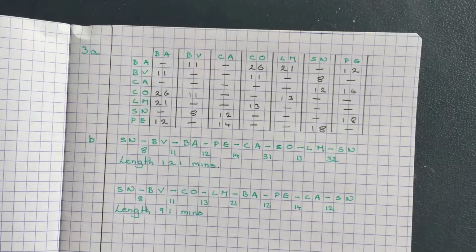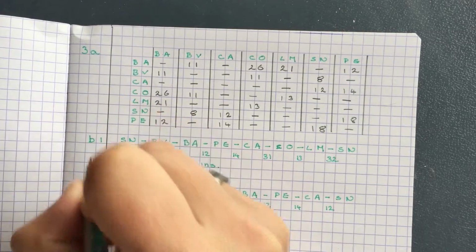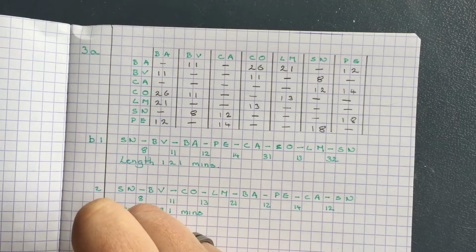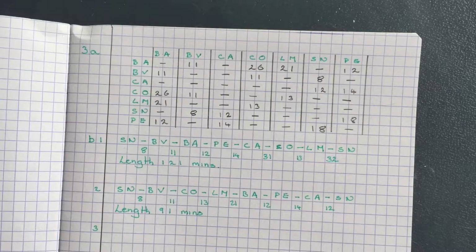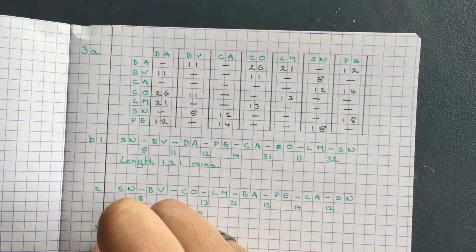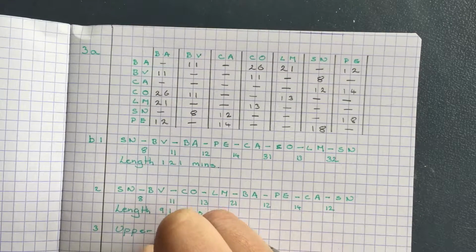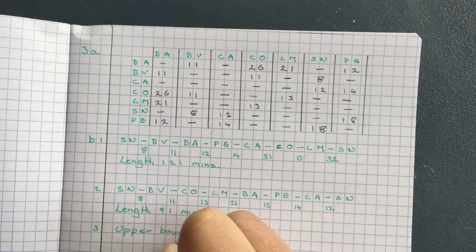So the upper bound for this tour, we've used that one, we've used that one. So we want the smallest upper bound. So the upper bound is going to be 91 minutes.